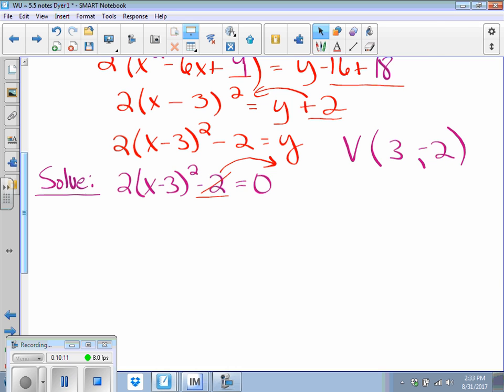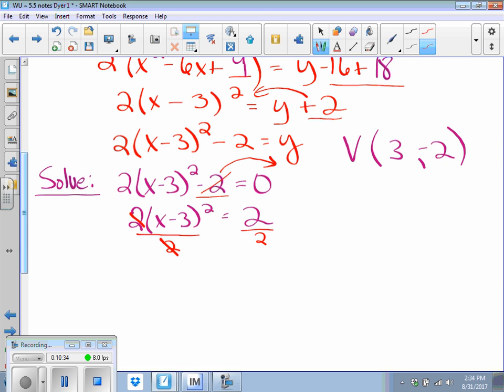So we'll have 2 times x minus 3 squared equals positive 2. What do I get rid of next? The 2 on the outside. How do I do that? Very good. Divide by 2.